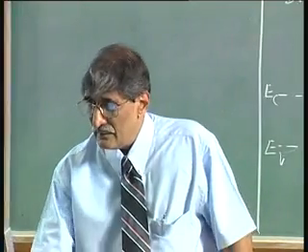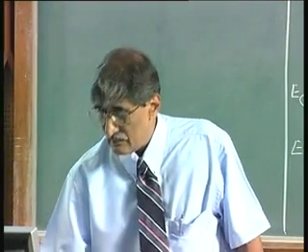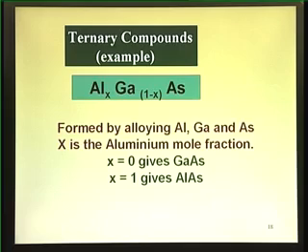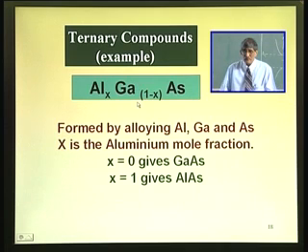A ternary is actually formed by allowing 3 elements. A very popular example is aluminum gallium arsenide. Gallium arsenide, if you want a short form, you call it GaAs. Aluminum gallium arsenide, you call it AlGaAs.